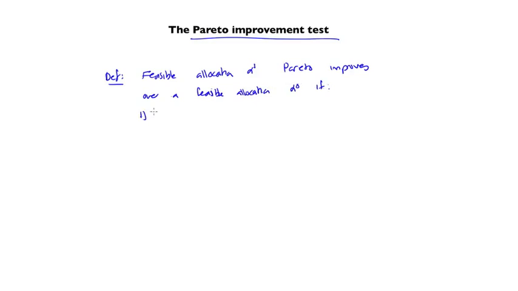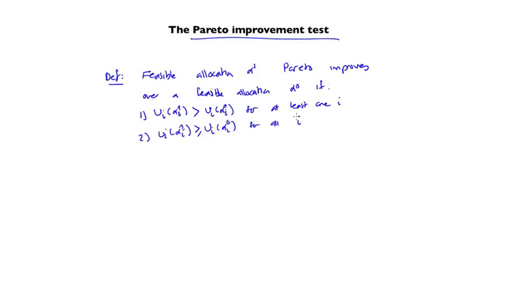First, the utility of i at the new allocation is strictly greater than the utility of i at the allocation 0 for at least one person i. And second, these utilities at the new allocation are greater or equal than at the other allocation for all i.